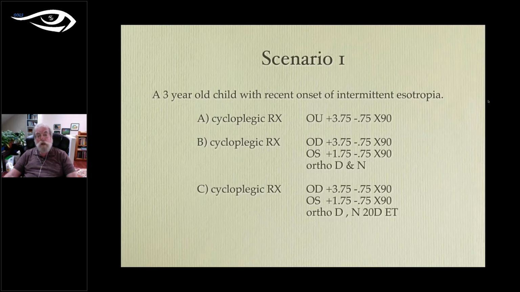Because of the underlying hyperopia that was kept in control by the accommodative system, now that the child is under the weather, the system is not maximally performing, and the child wakes up with a strabismus. I cannot tell you how many times I have seen that scenario happen. Probably the most common presentation. Mom brings the child in, she's nervous, she saw the eyes cross, she knows it's not good.